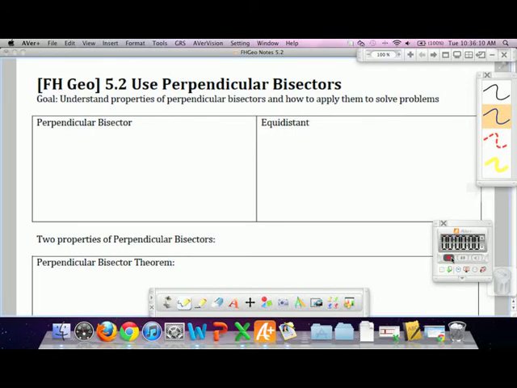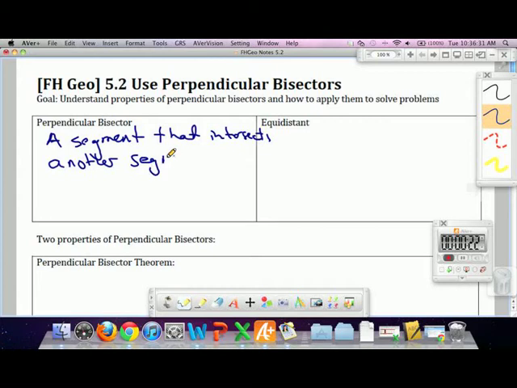As a reminder, a perpendicular bisector is a segment that intersects another segment at a right angle and at its midpoint.